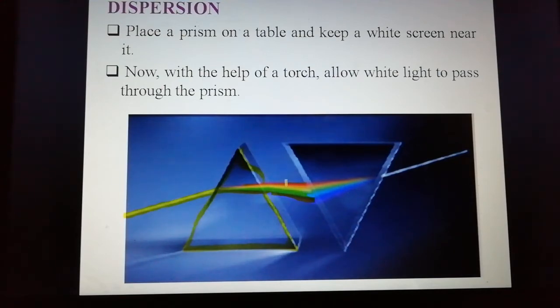Then another prism is placed inverted on the table like this. Then allow the 7 different colors to pass through the second prism.